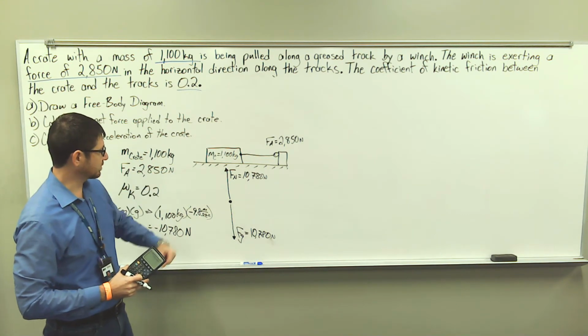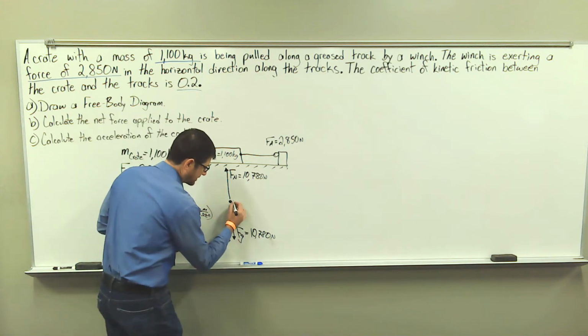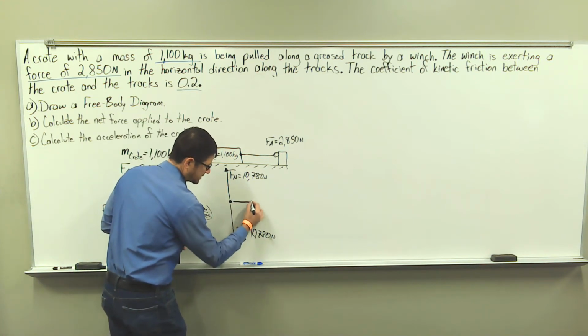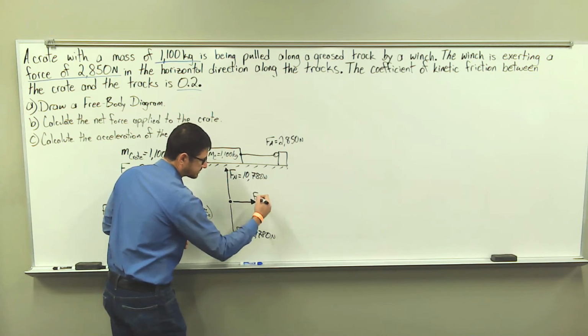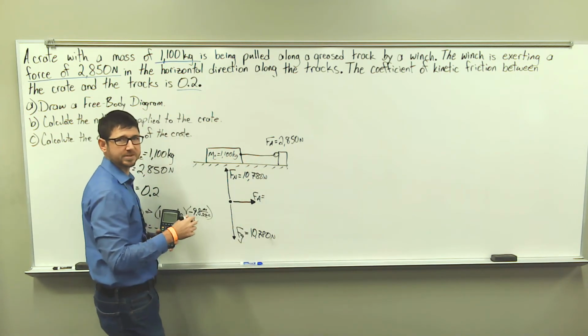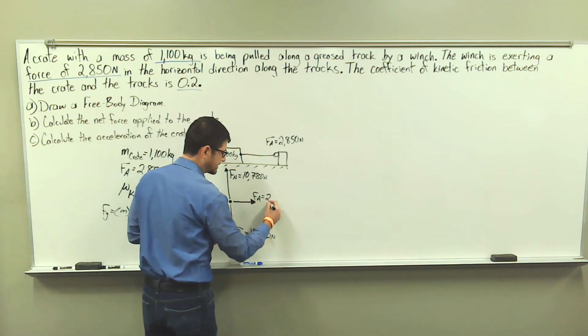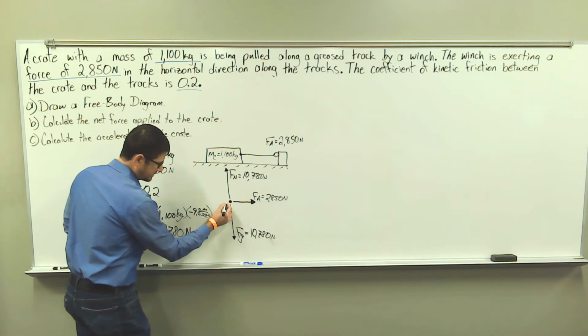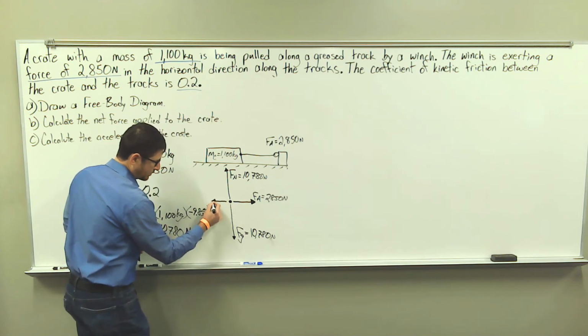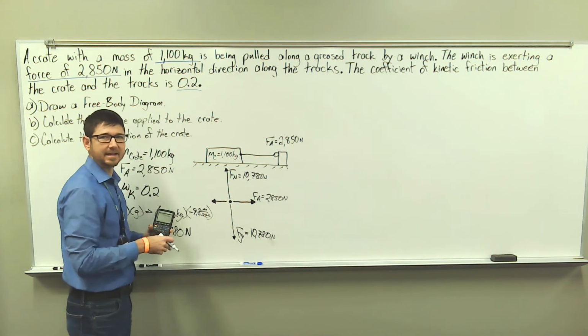Now, we have an applied force of the winch right here, F sub A. The winch is applying a force of 2,850 newtons. And now we have a force of kinetic friction.